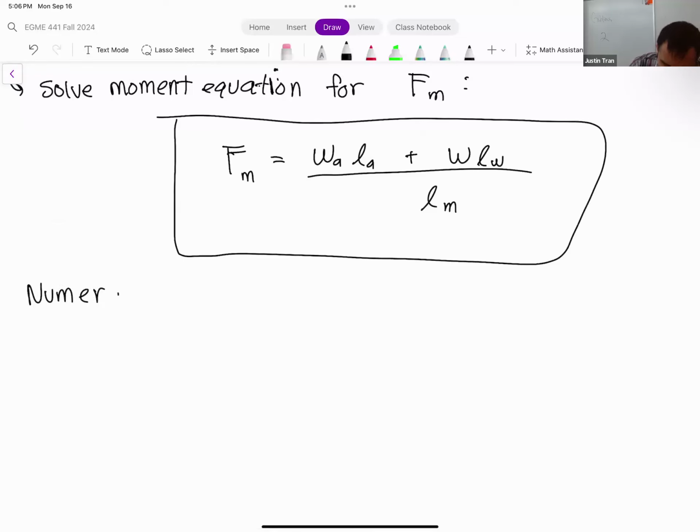Let's look at the terms in the numerator first. And remember what this equation is. This equation is telling us how much muscle force we need to support an external weight, and not only the external weight, but also the weight of the arm itself. The first thing we notice in the numerator is that the magnitudes or values of the weights themselves show up in the numerator of this expression.